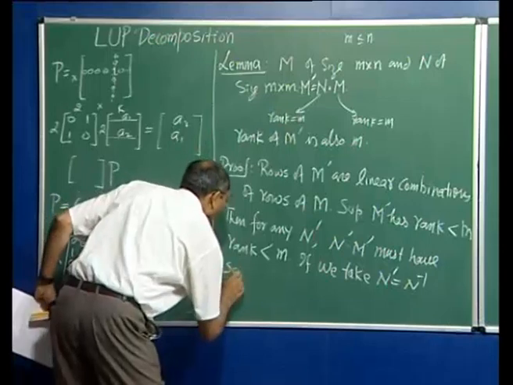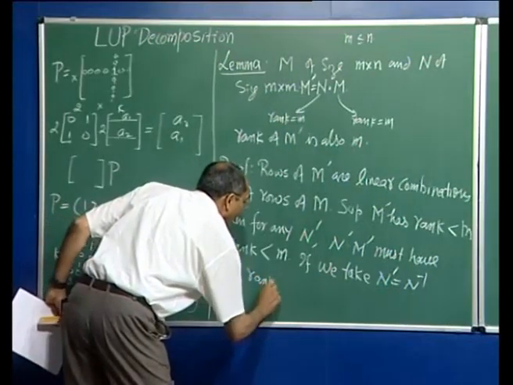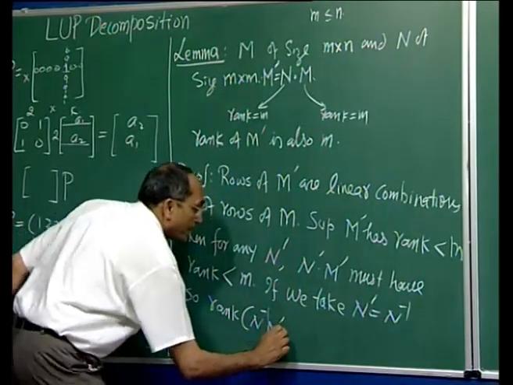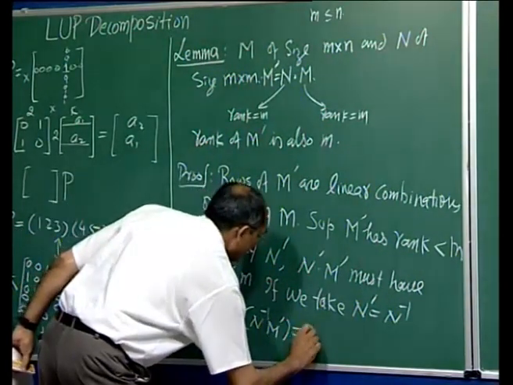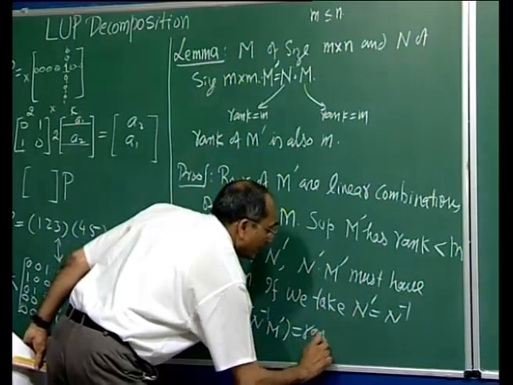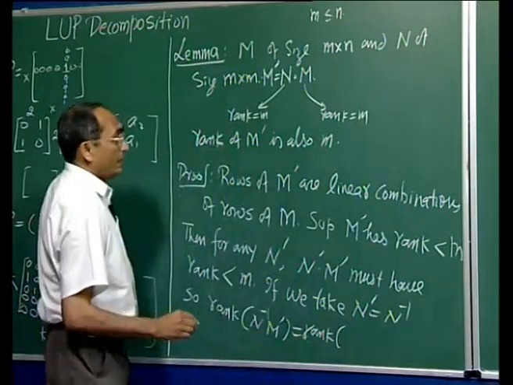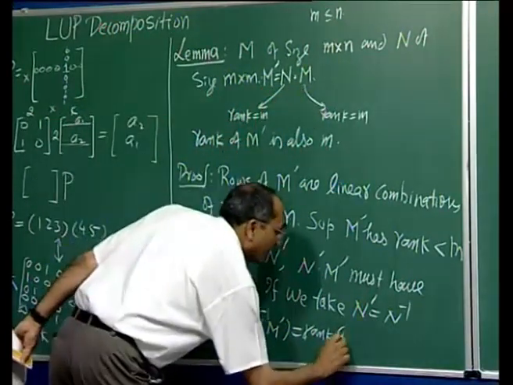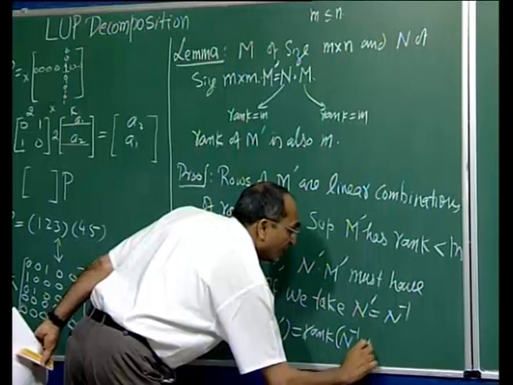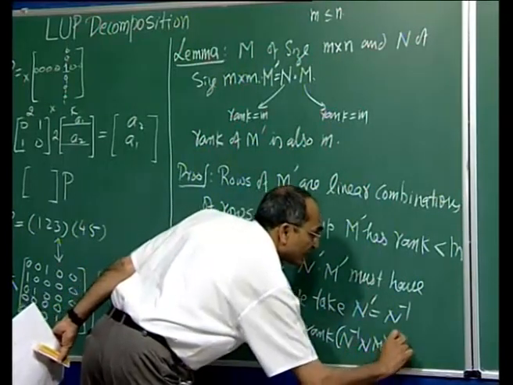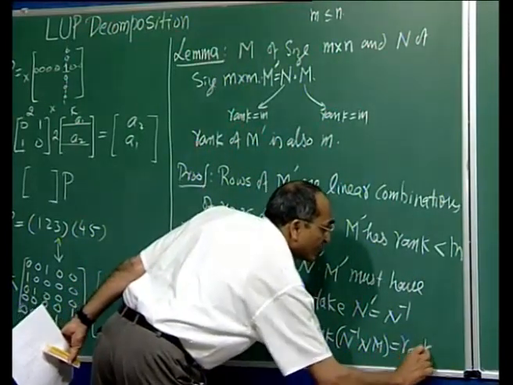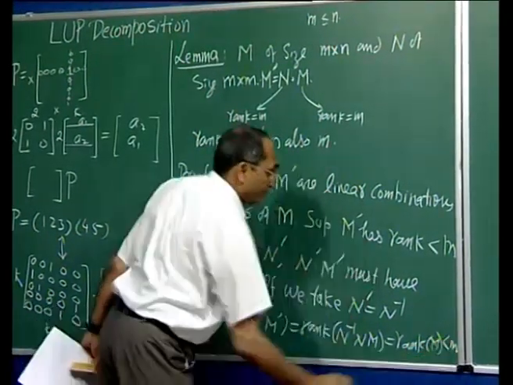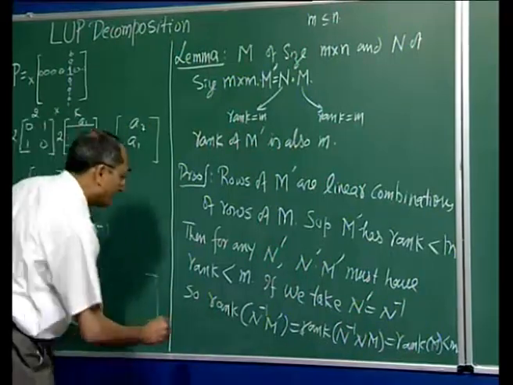So, rank of n inverse m prime is rank of n inverse n m, is equal to rank of m, which is less than m. That is absurd.